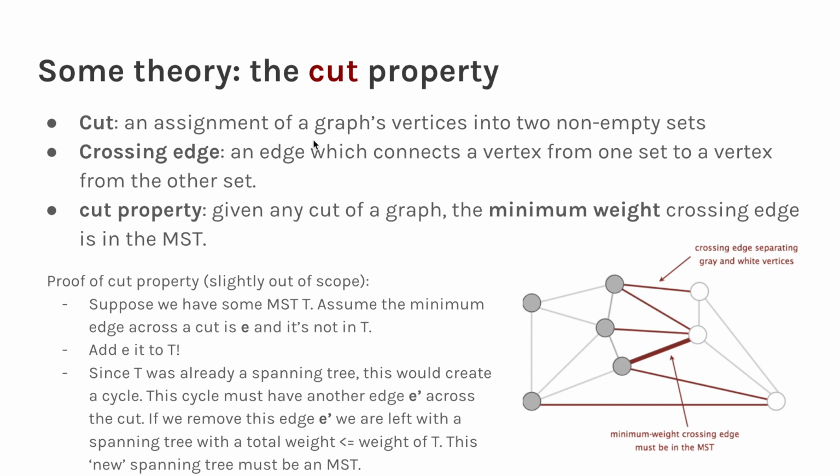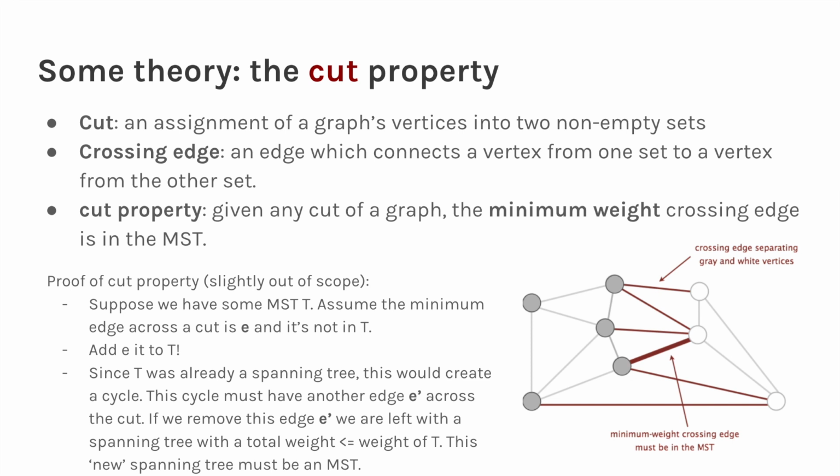So it's basically like some of the vertices are one set, the rest of the vertices are another set. That is a cut, and you can think about it like you're cutting the graph into two parts. A crossing edge is an edge which connects a vertex from one set to a vertex from another set. So the edge is crossing from one set to another set.